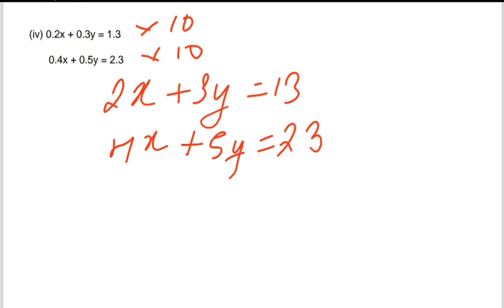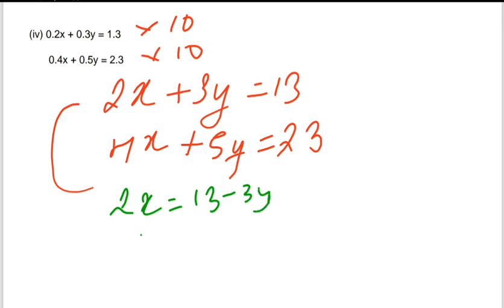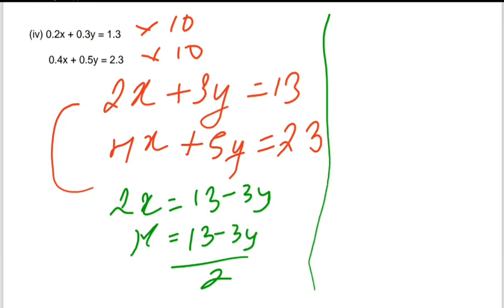Now let's take the x value from the first equation. 2x is equal to 13 minus 3y. x is equal to 13 minus 3y by 2. So let's put the x value in the second equation.